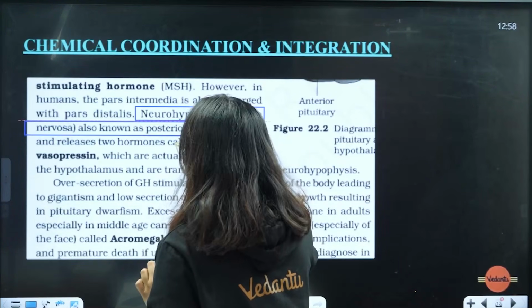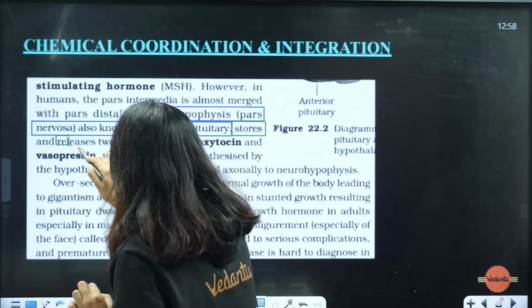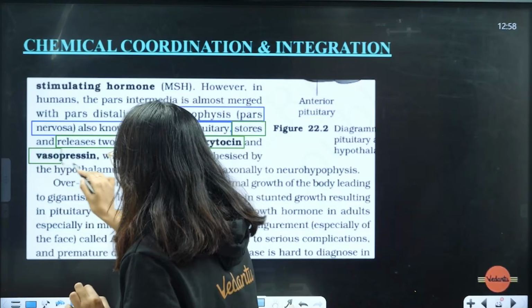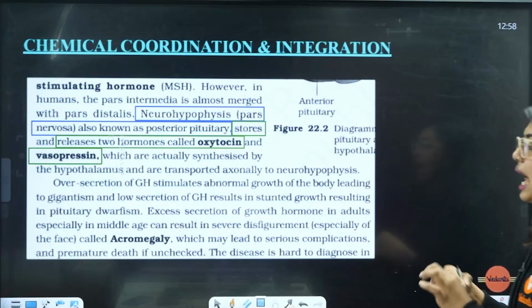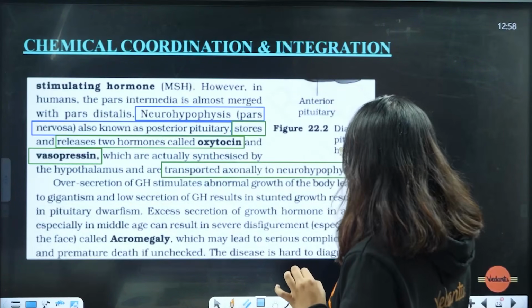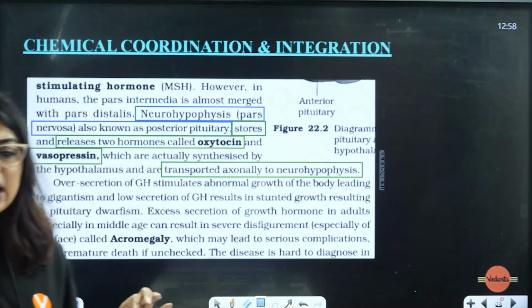Stores, and releases two hormones called oxytocin and vasopressin, which are actually synthesized by the hypothalamus and are transported axonally to the neurohypophysis, that is with the help of your neurosecretory cells, okay?